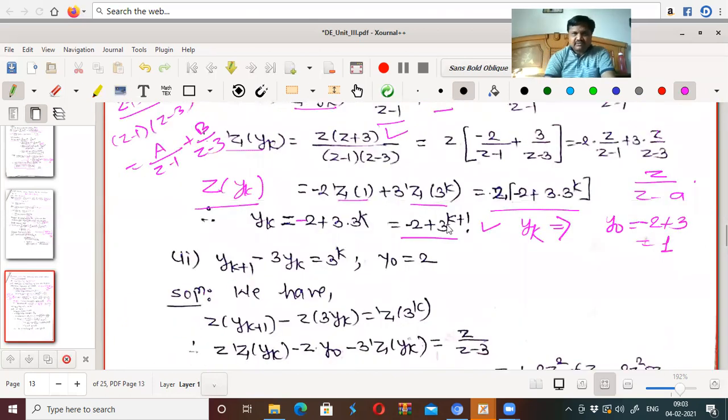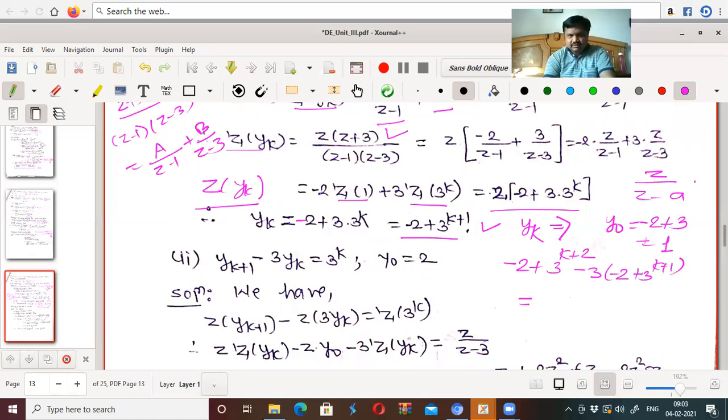What is yk plus 1 from this? yk plus 1 is minus 2 plus 3 to the power k plus 2, minus 3 times yk, that is minus 2 plus 3 to the power k plus 1. What is it?